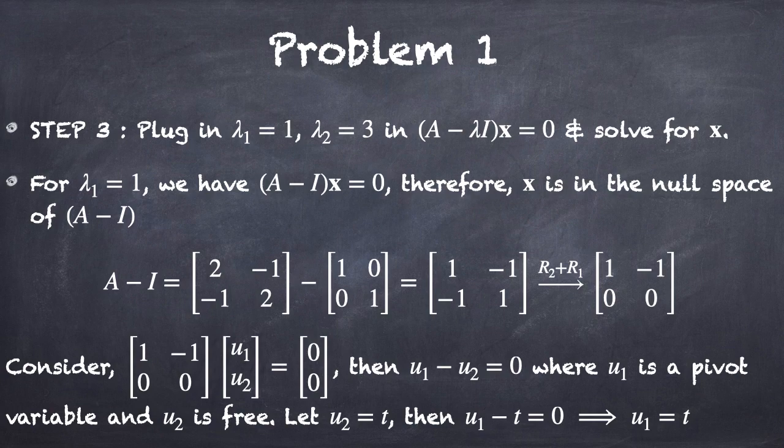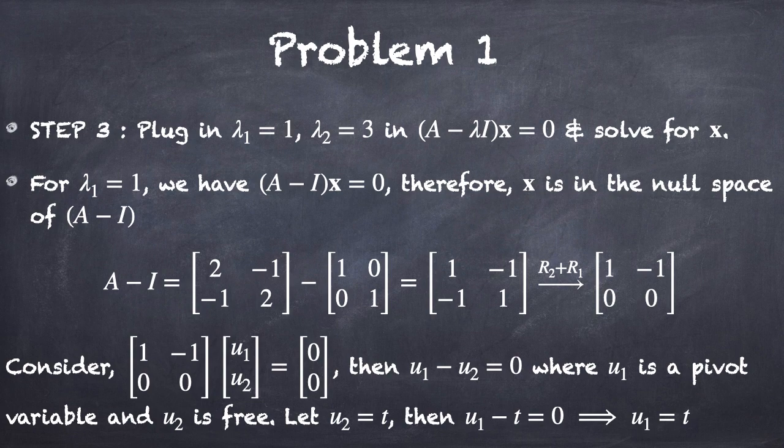Earlier, when we were discussing the null space of a matrix, we first found the special solutions, and those special solutions became the null space of the matrix A. So we follow along the same steps.